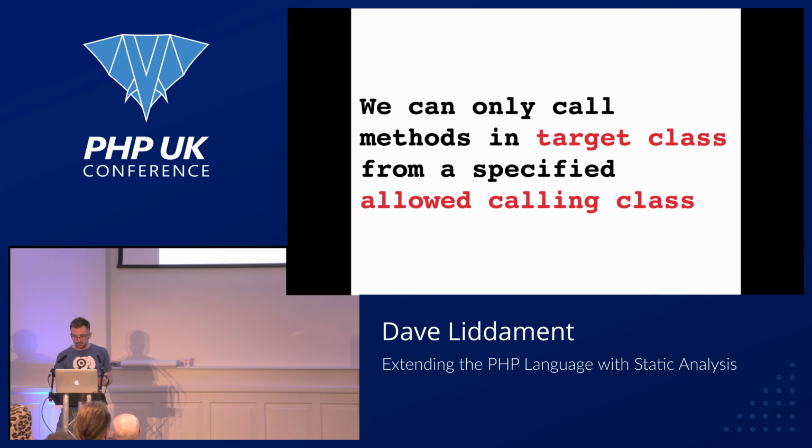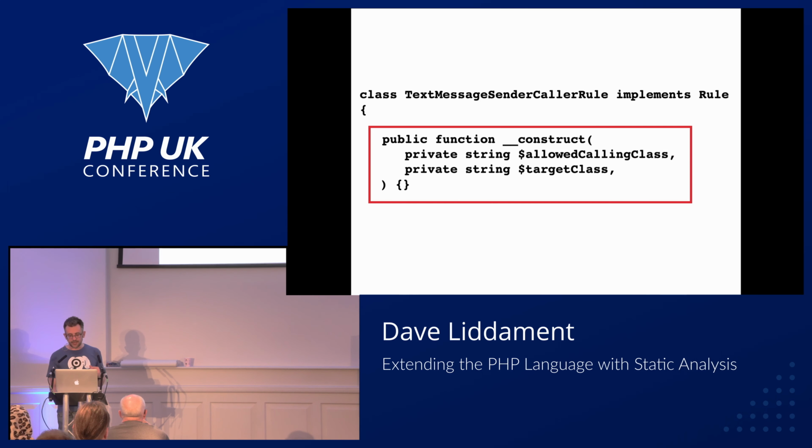We can say, well, look, why don't we configure this so we can only call methods in a target class from a specified allowed calling class? Let's make this more generic. So let's see if we can do this. The first thing we can do is update our text message sender caller rule, and we'll update the constructor to take two things, the allowed calling class and the target class. And we'll just store those.